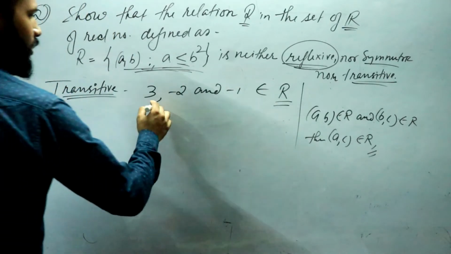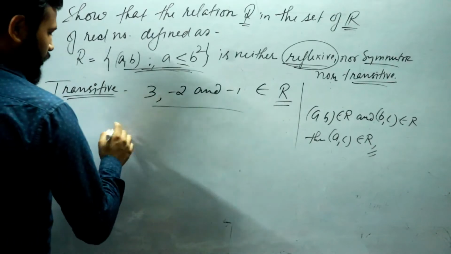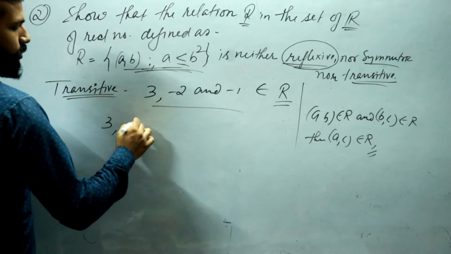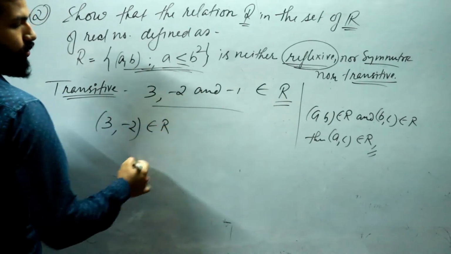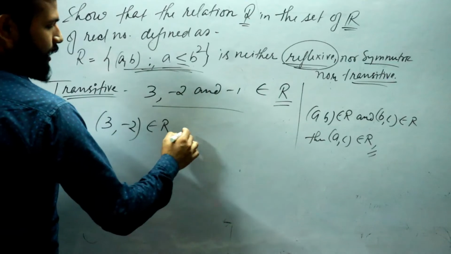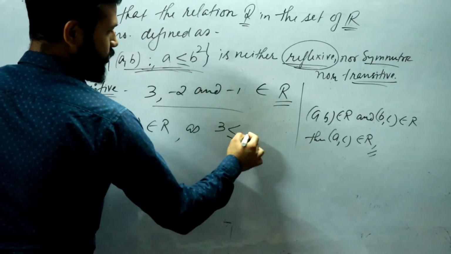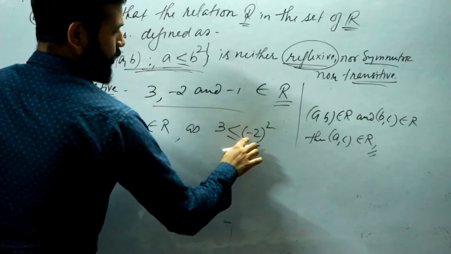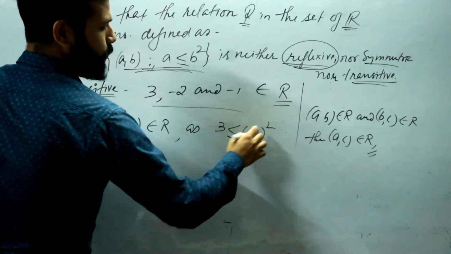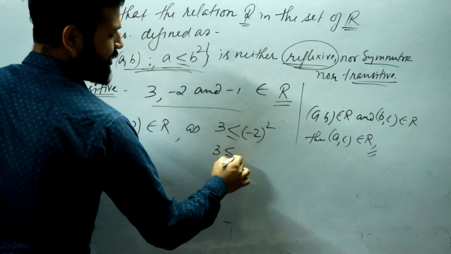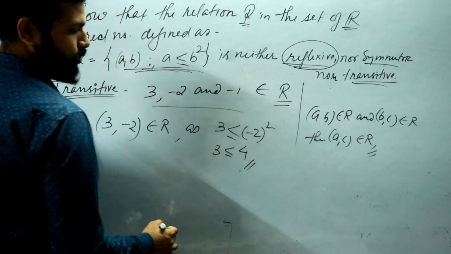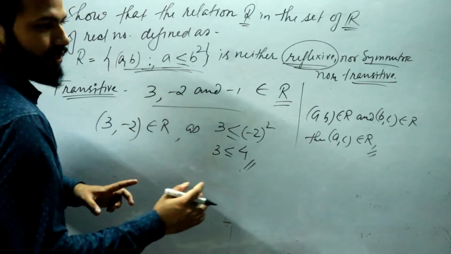So let us go on solving here. We can clearly say that (3, -2) belongs to the relation. Why? As you can see, 3 is less than or equal to (-2) squared. (-2) squared gives a positive result, so 3 is less than or equal to 4. It is true, that is why it exists in the relation.